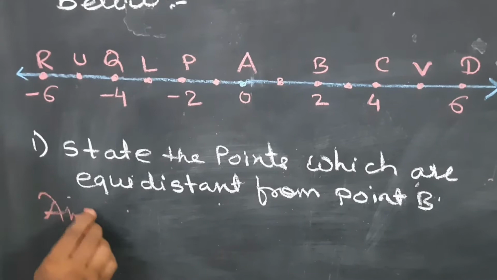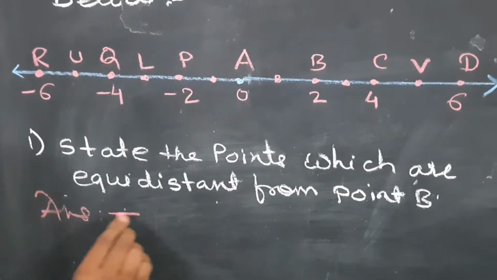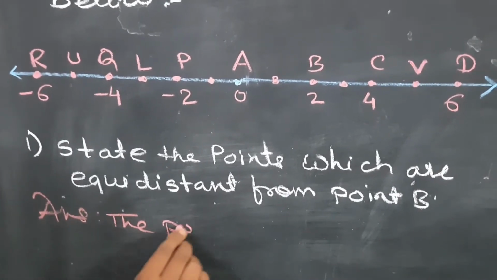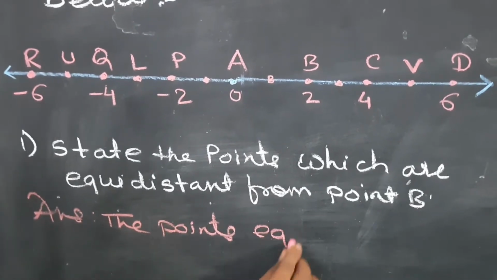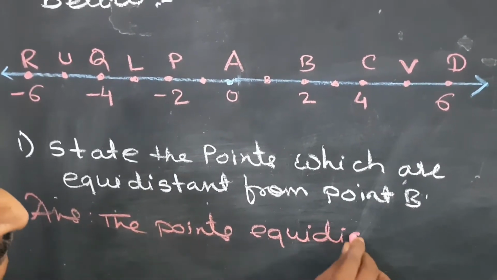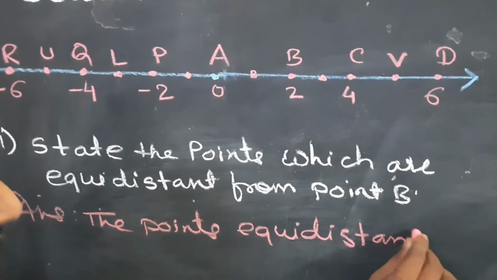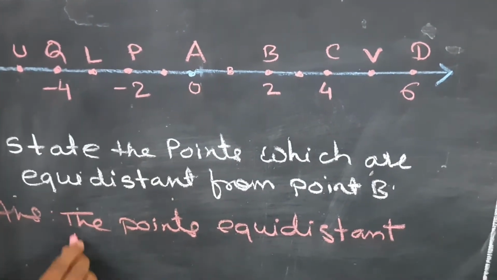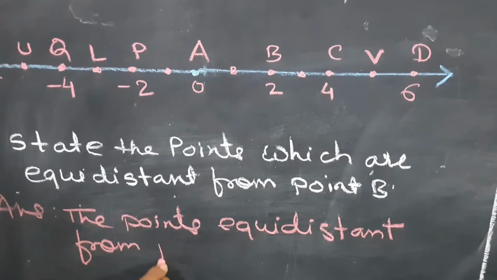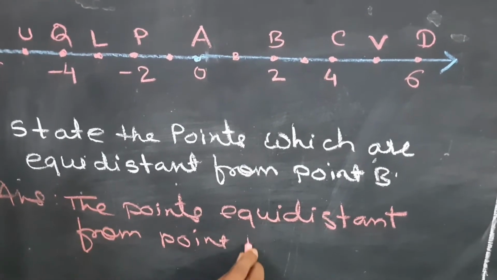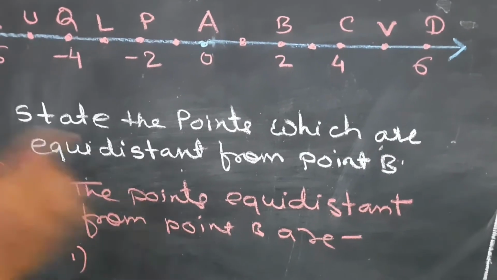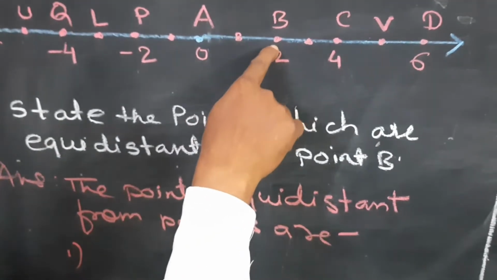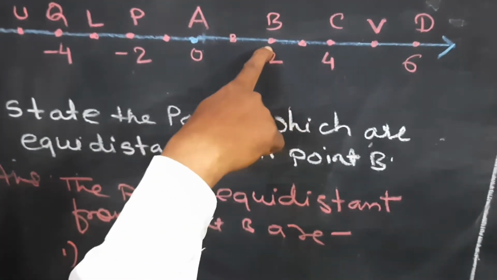So your answer will be: the points equidistant from point B are. First you can see your point is here, B.